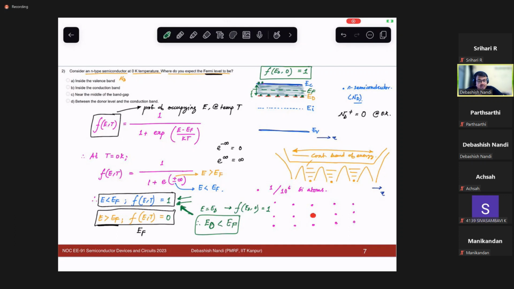That is also not the case. So EF cannot cross my EC also. Any question regarding this? So this will be the right answer. Anyone? Any question?